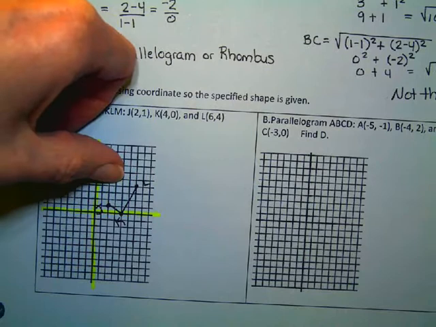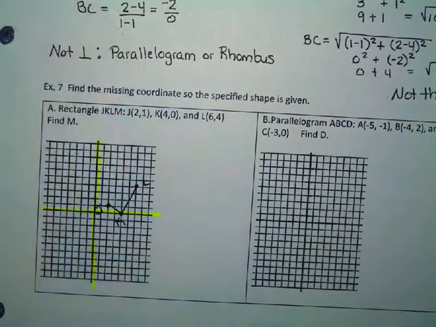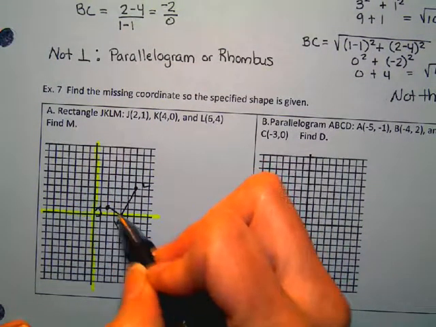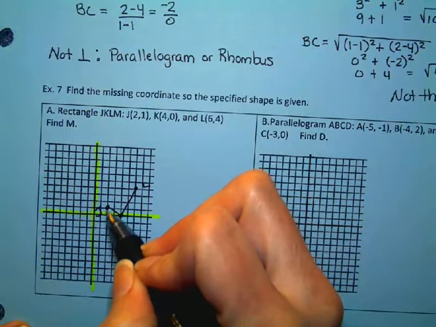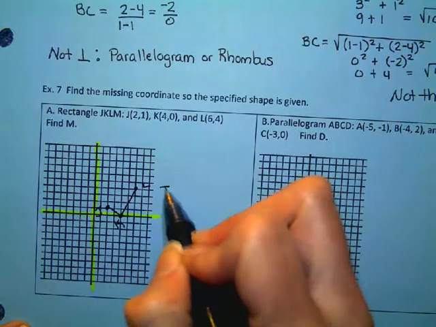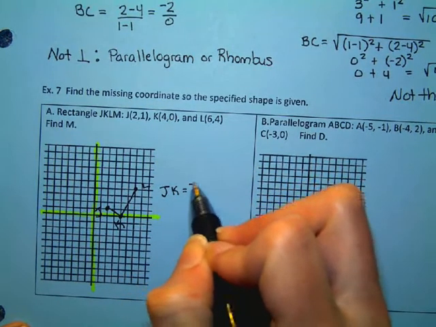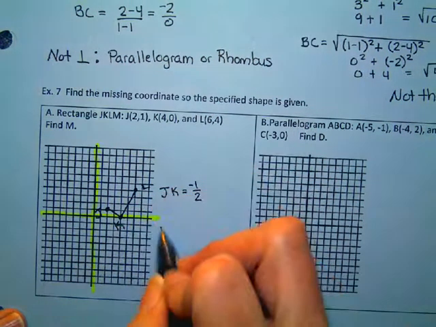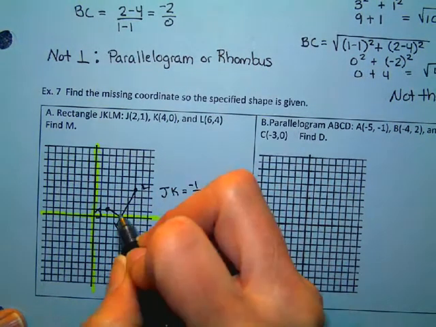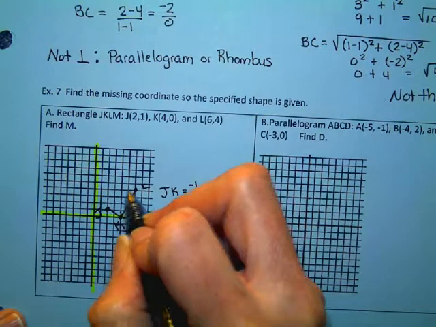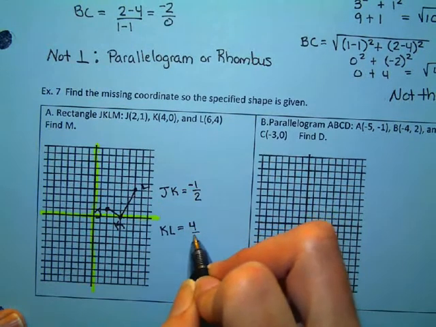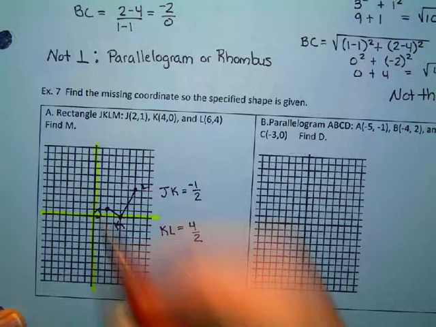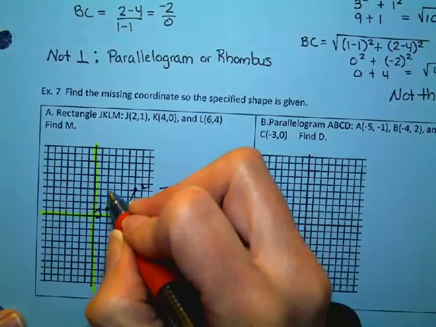To get from this point to this point, it has a slope of -1 over 2. If you look at the slope KL, I went up 4 over 2 to get there. So I could do that same approach if I go up 4 over 2. That should be my mystery point.